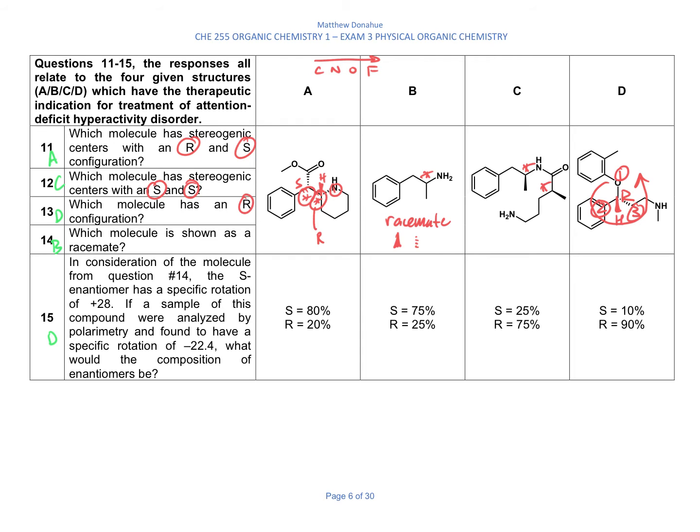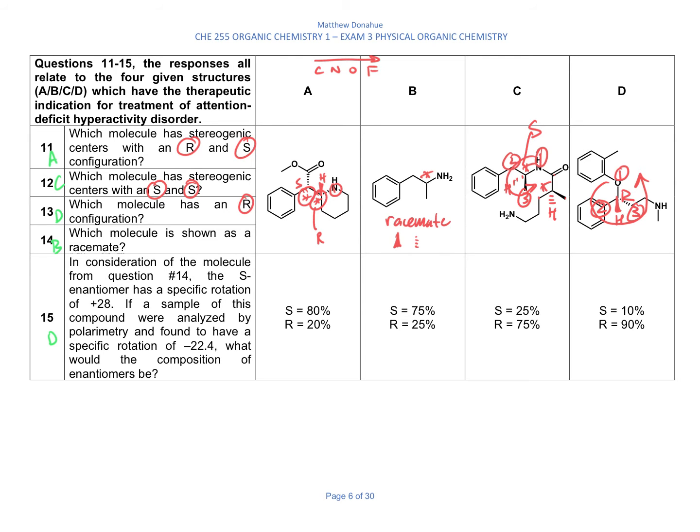So for C, again, nitrogen is 1. We have hydrogen going back, 2 carbons. This has 3 hydrogens. This has a carbon, so that's 2. This is 3. So this one actually does end up being S because the H is back. Now this situation, we have carbon, carbon, carbon.